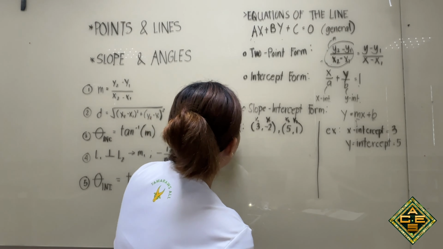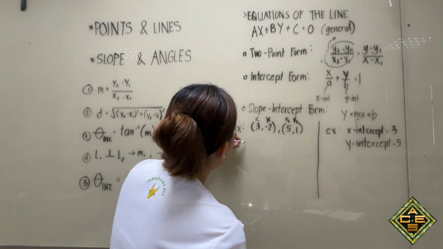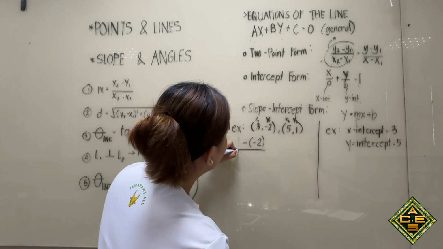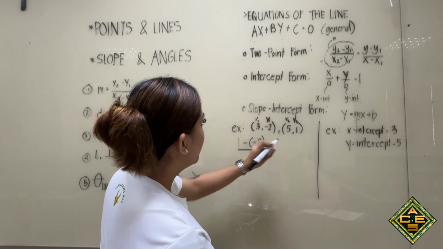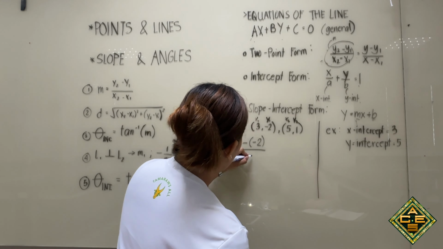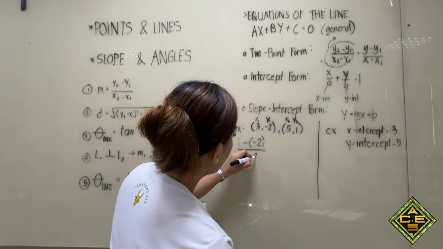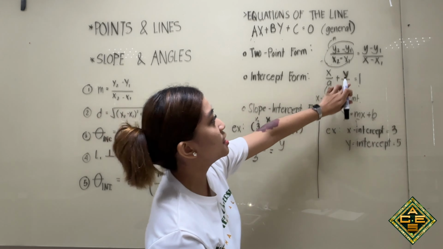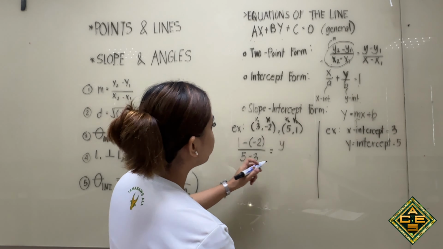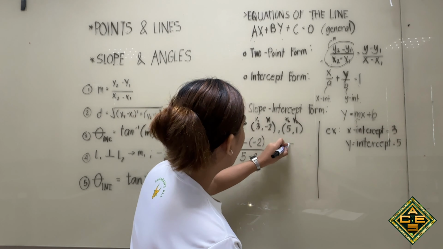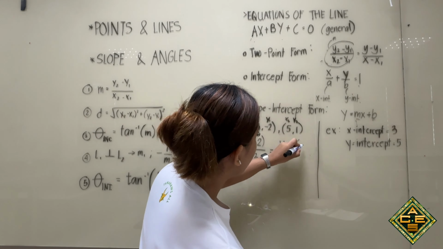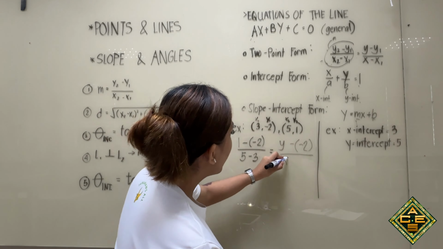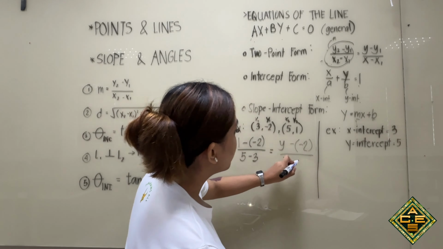So y sub 2, we have 1, minus y sub 1, negative 2, all over x sub 2, 5, minus x sub 1, 3, equals y minus y sub 1, negative 2 again, all over x minus x sub 1, 3. Here, y and x are our variables.